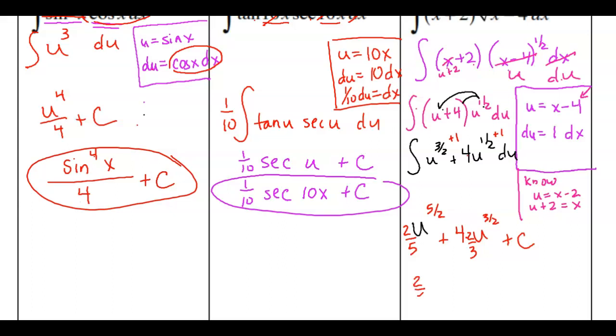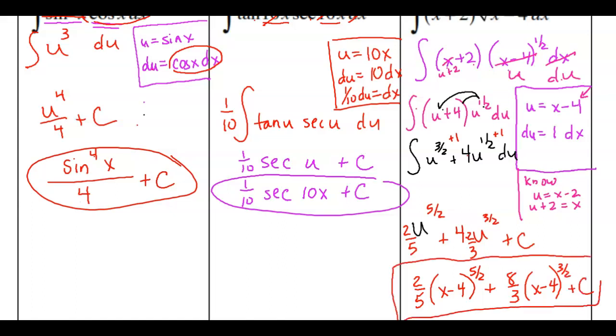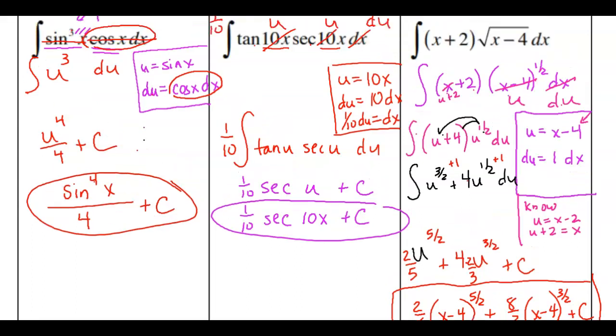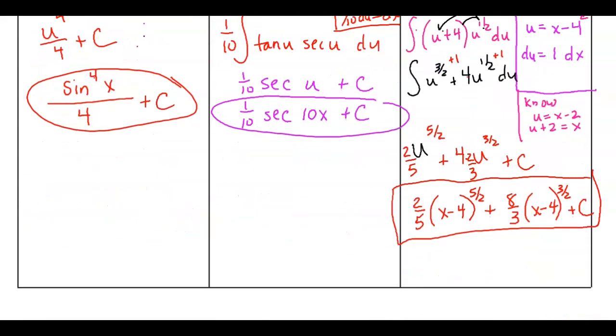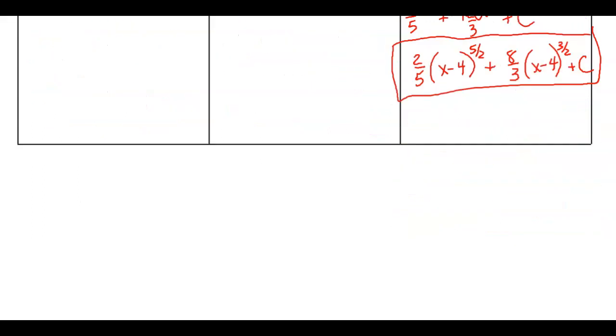So we get 2/5 u to the 5/2 plus 8/3 u to the 3/2 plus a constant. Now, this one's going to be a little harder to check. I would have to do the derivatives, get a common denominator, and match it up. So trust yourself. But that's the idea. Okay?